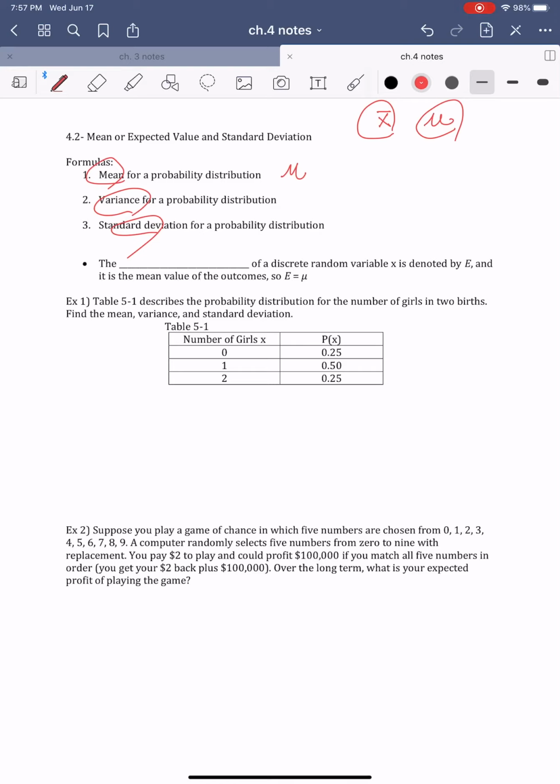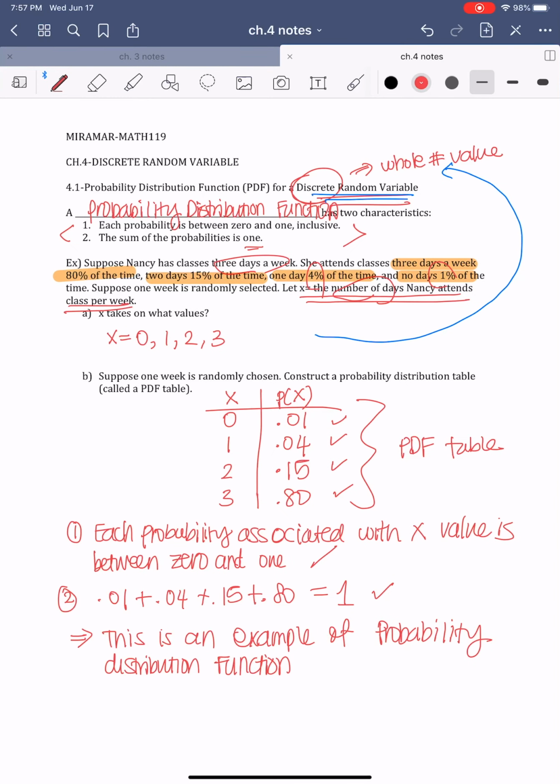We are going to always associate it with the sample. Now it's time to distinguish between X bar versus the mean. Mean is the population mean. That means the whole entire set.